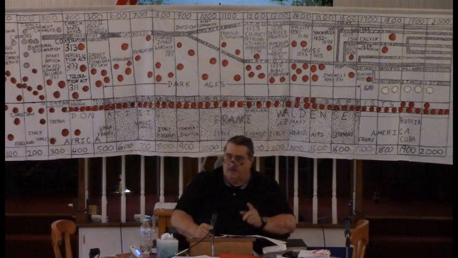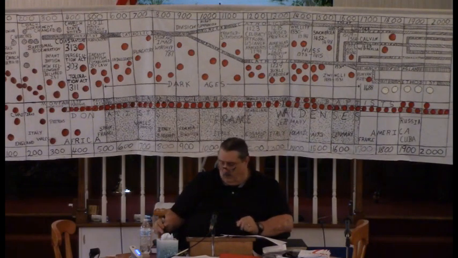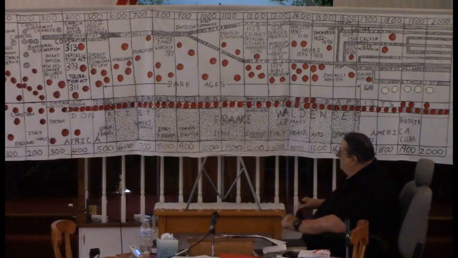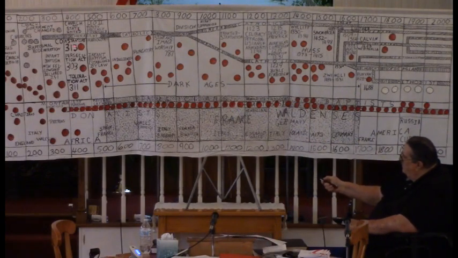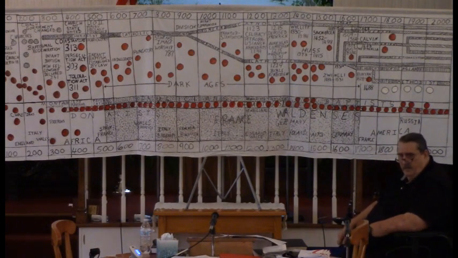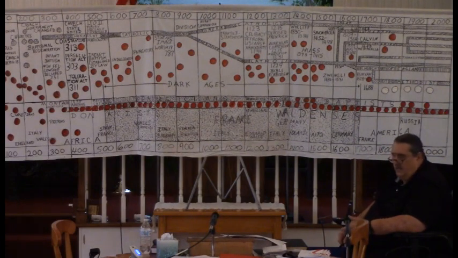Something else we need to mention in talking about governments. When Constantine unites church and state, he almost immediately moves the seat of his government to Byzantium, Constantinople. Constantinople is named after Constantine.